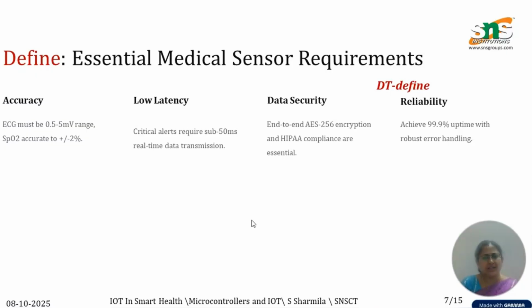Low latency under 50 milliseconds is vital for real-time alerts, and all data must be AES-256 encrypted for safety purposes. Finally, the system should ensure 99.9% uptime and robust error handling for continuous monitoring.